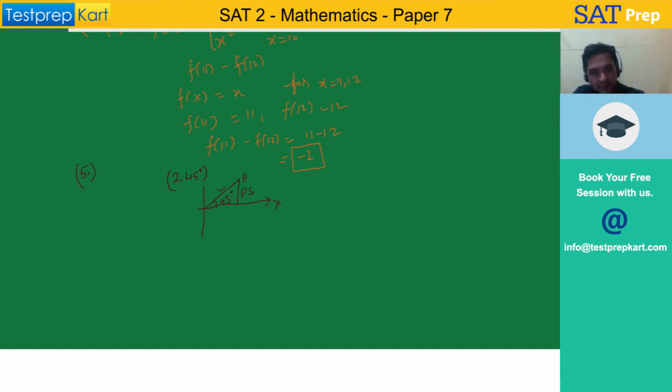It is r sine theta. Sorry, 2 sine theta. The distance of this point P from the x-axis is, you can say, PQ.